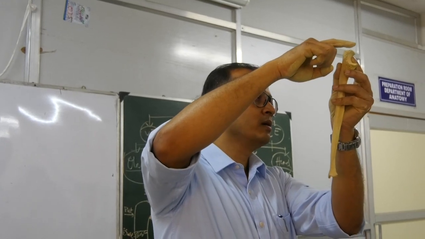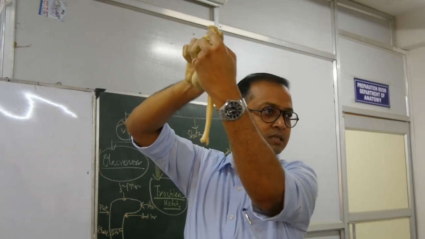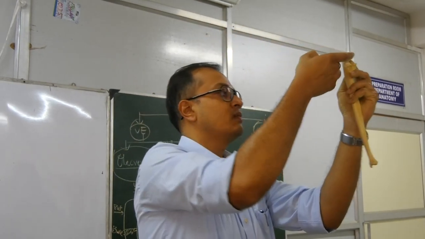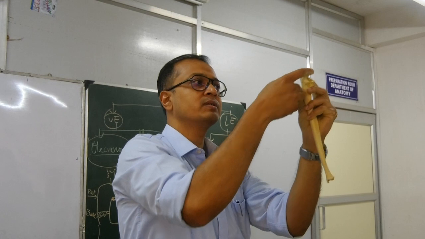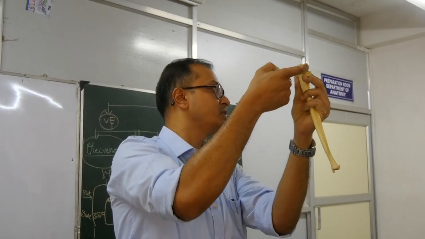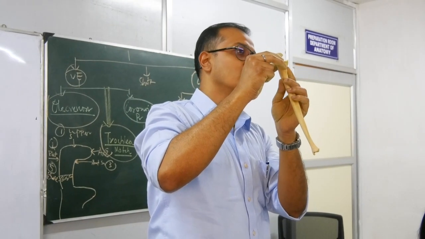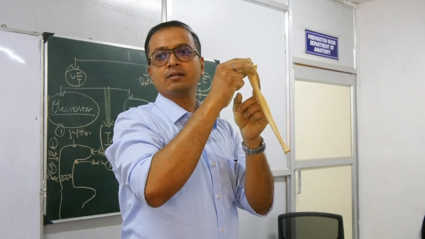The olecranon process has a superior surface, moving backwards a posterior surface, and from the superior surface going further, an anterior surface. At the junction of the anterior and superior surfaces is the most projecting part. The side having a notch we call the lateral surface.